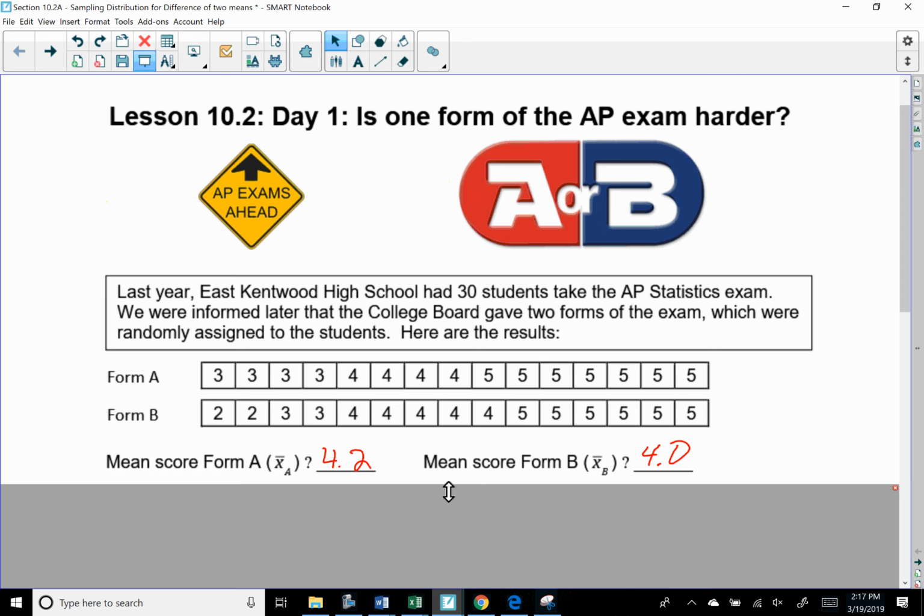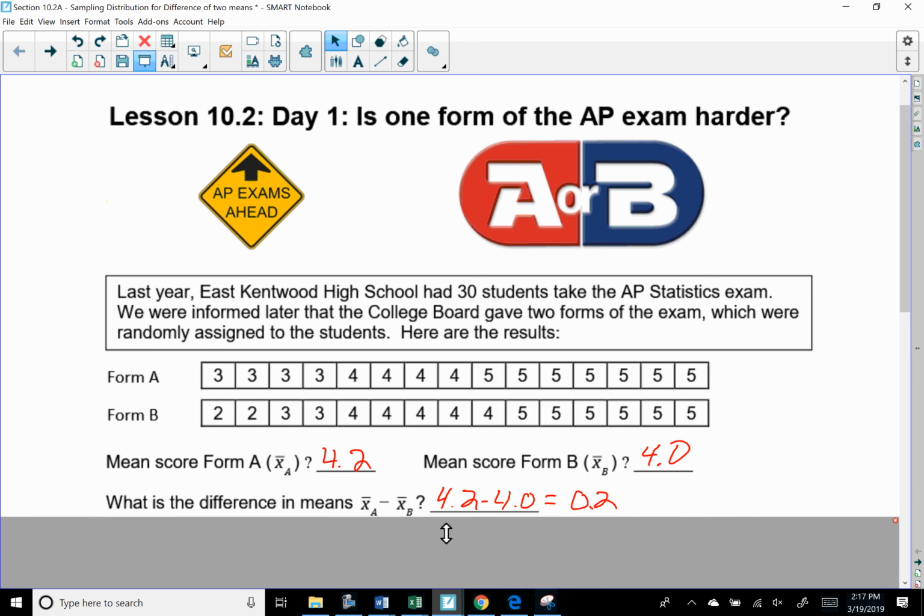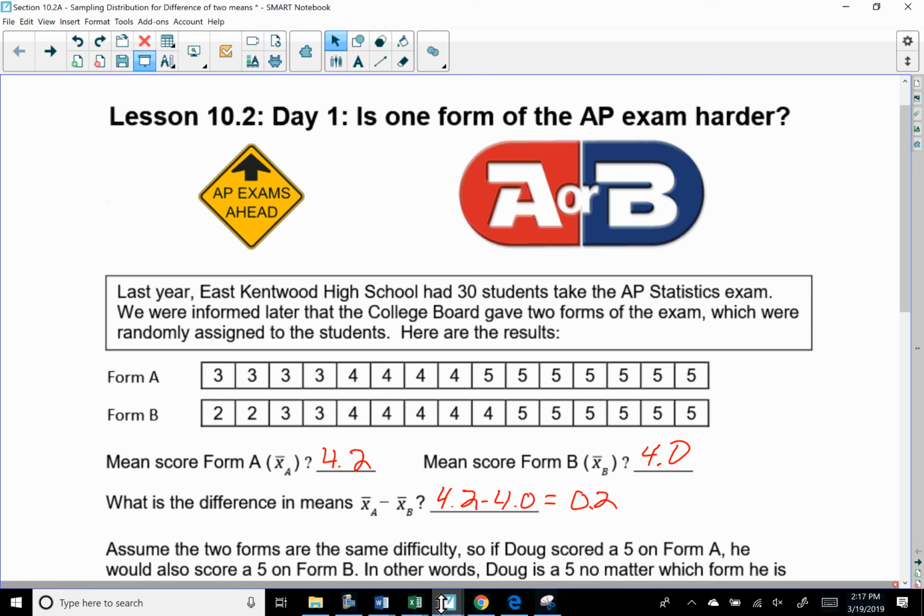But the question is, does that just happen by chance? So what would be the difference of the means in the two samples? 4.2 minus 4.0 gives us 0.2, and the positive 0.2 means that Form A would be a little bit easier. Scores were a little bit higher.